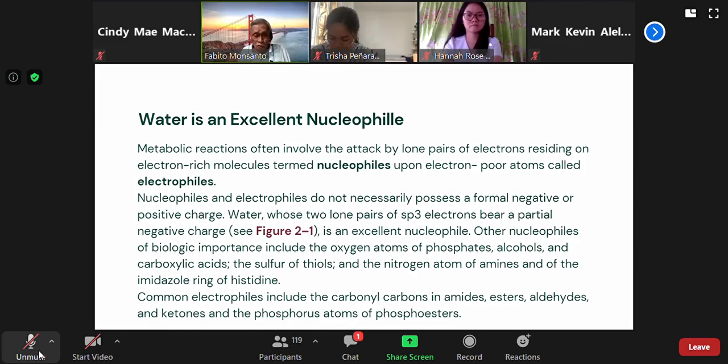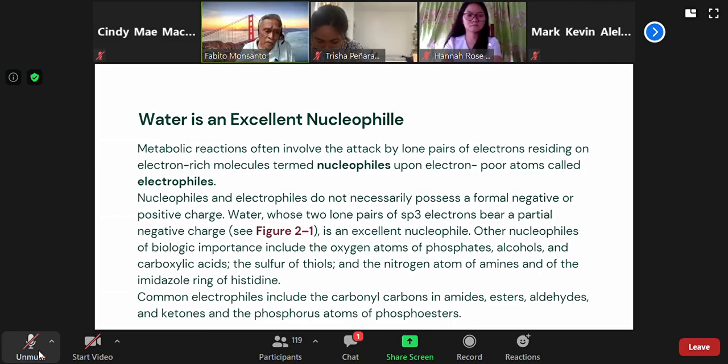Water hosts two lone pairs of sp3 electrons that bear a partial negative charge. You have seen that in the tetrahedron, and it becomes an excellent nucleophile.